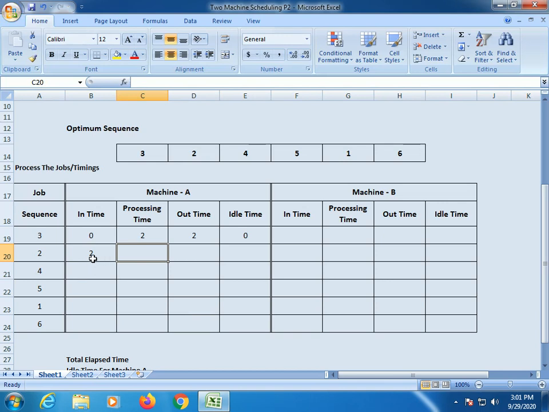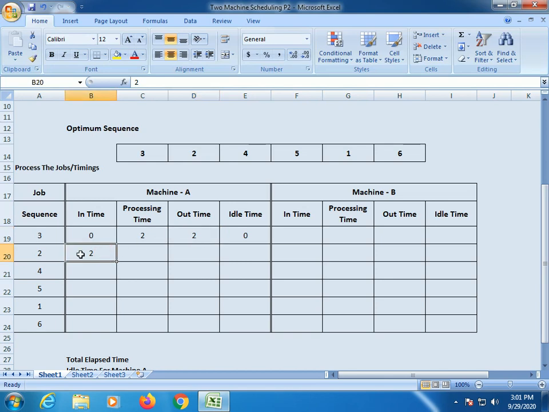So what is the next job? Here we have job 2 to perform on machine A. This is the next job after the third job. We can perform it at 2 hours, because at 2 hours machine A is free and ready to perform the next job.